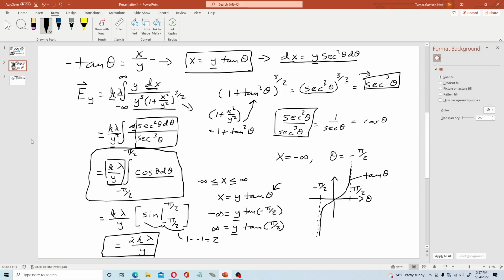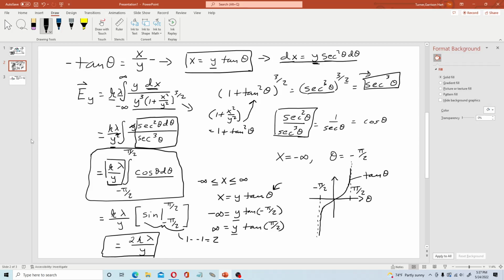It's not just a point charge. You have a lot more charges that are contributing to the field. So this is your result, 2k lambda over y. And this is a pretty standard result. It's a regular exercise, but here it is. This is how you would do it if you needed to do it by hand.